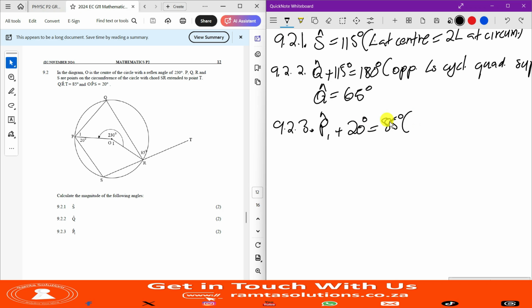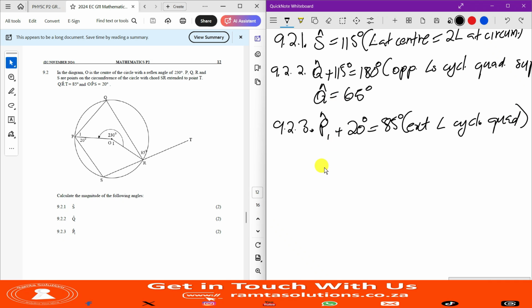This is the exterior angle of a cyclic quad, which is equal to the interior opposite angle.